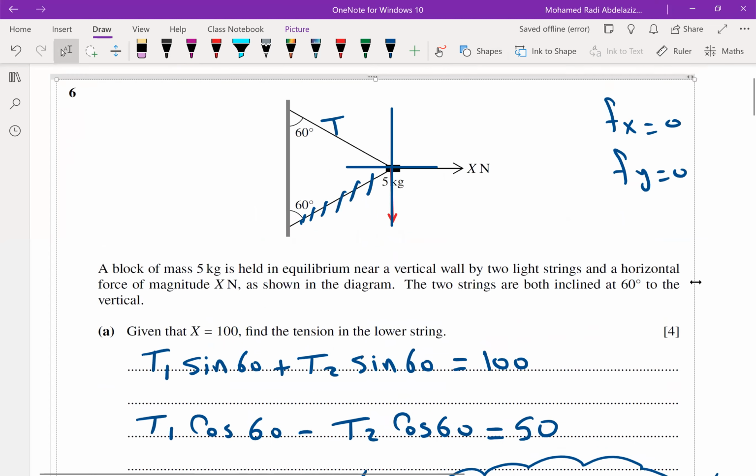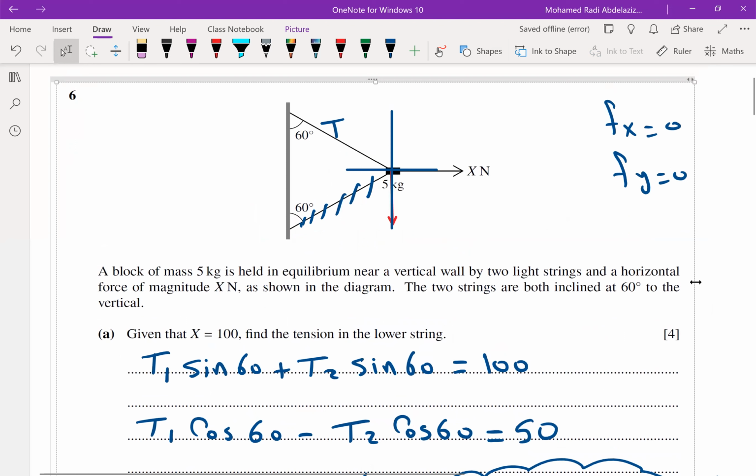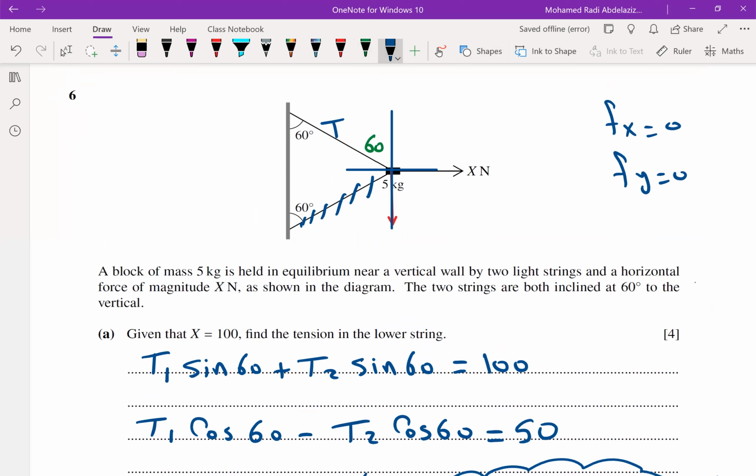So when we remove the lower string, we have tension. I will use the resolving method again, or I will apply Lami's rule. By using Lami's rule, because we already have the angles between all the forces, the measure of this angle is 150 degrees, and the measure of this angle is 120 degrees, and the measure between the weight and x is 90 degrees.